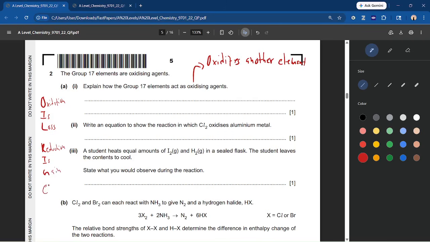So reduction is the gain of electrons, and oxidation is the loss of electrons. So if you're oxidizing another element, it means that you're taking away an electron, and so when you take away an electron from someone else, that's when you become reduced yourself. So then you're going to mention becomes reduced itself.